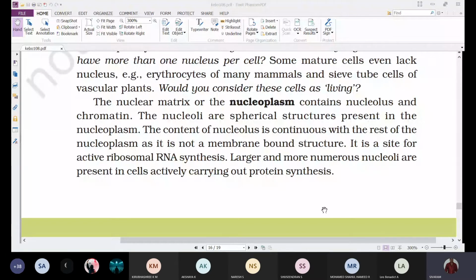So larger and more numerous nucleoli are present in cells actively carrying out protein synthesis. Those cells actively involved in protein synthesis will have larger nucleoli, and more of them.